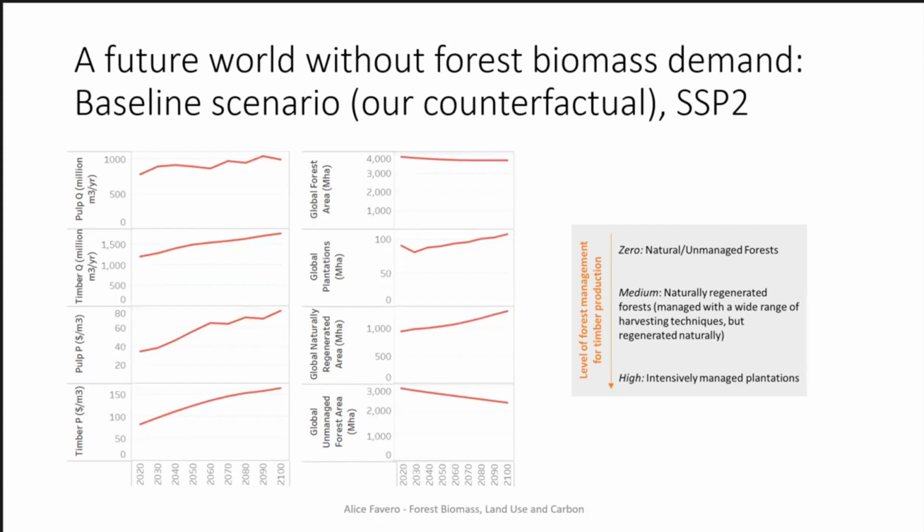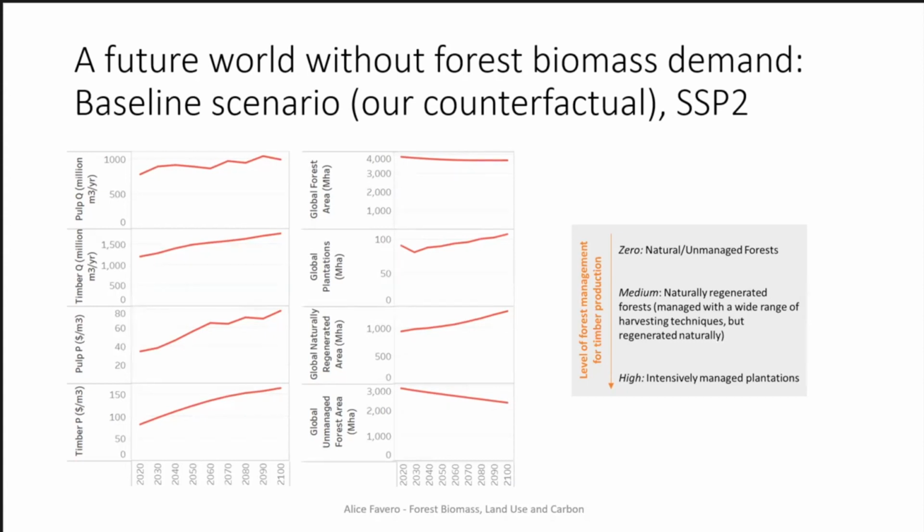This is what is defined as global naturally regenerated forest, which is in the middle: naturally regenerated forests where management is happening, but the forests are regenerating naturally. And finally, what we define as unmanaged forests. When I say unmanaged, it is unmanaged for timber production, but still there is some management going on that doesn't have to do with producing and harvesting for timber demand.